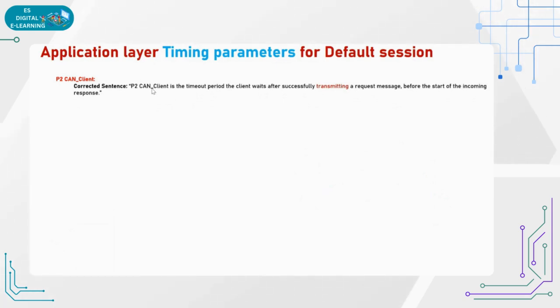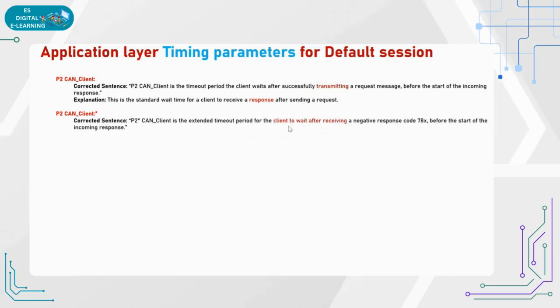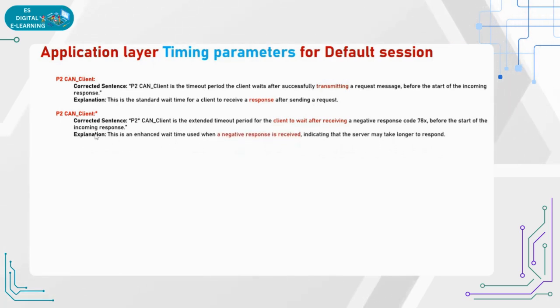P2 CAN client is the timeout period of the client for successfully transmitting, whatever transmitting time we use for the client. Similarly, we have the P2 star CAN client also. It is how much time you need to wait for a response. This will be part of the P2 CAN client.